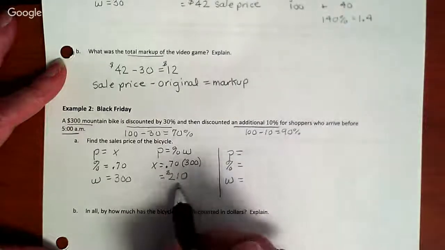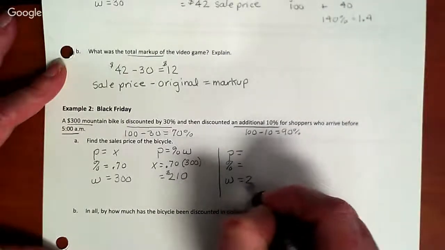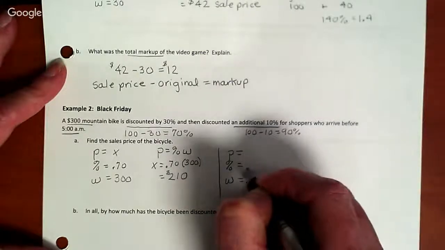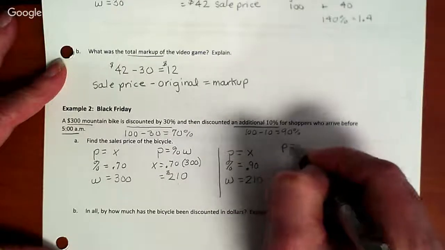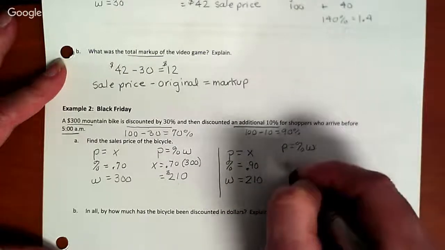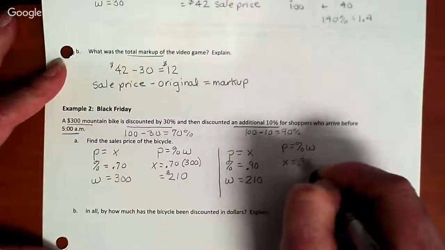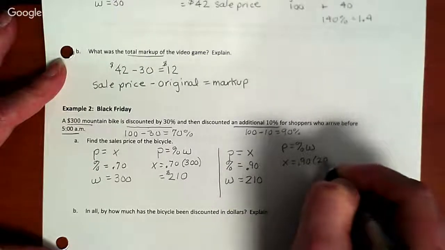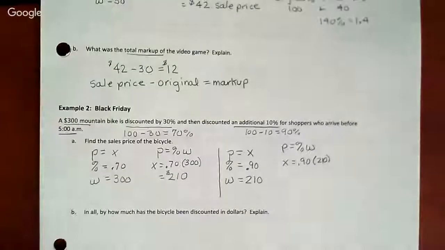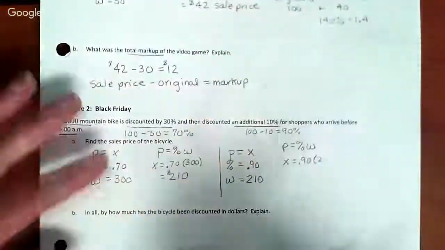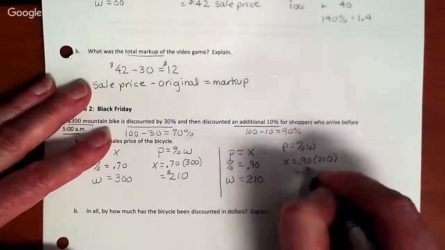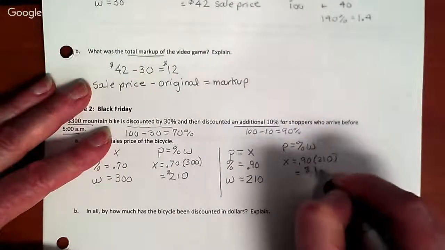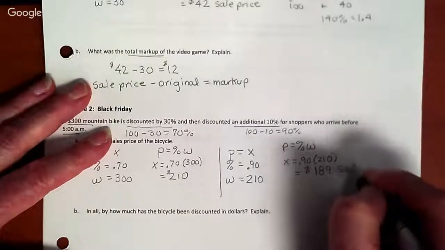So here our new price is $210, because now we get an additional 10% off, so it's 0.90 in X. We have P equals percent times whole, so X equals 0.90 times 210, which will give us a sale price of $189.